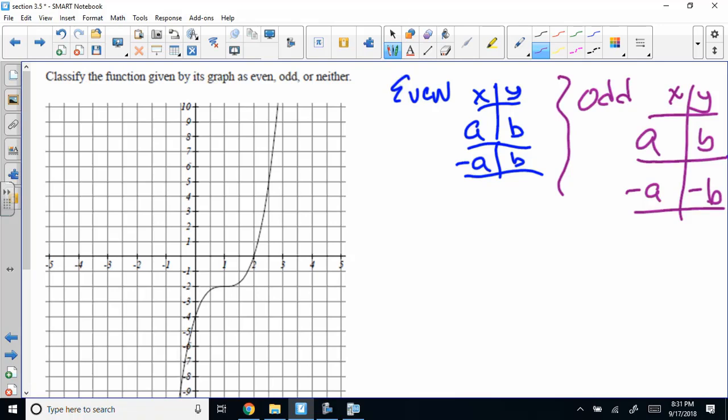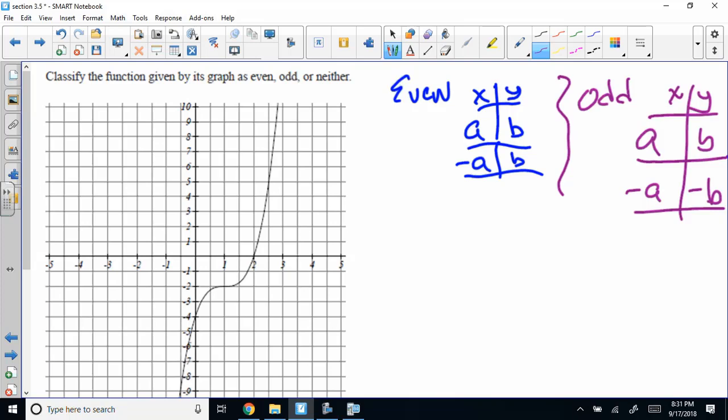This is in Palmer terms, okay? For even, if you pick a number and its opposite, they better have the same output if it is even. That holds true. If it doesn't, then it can't be even, period. Cannot be an even function.